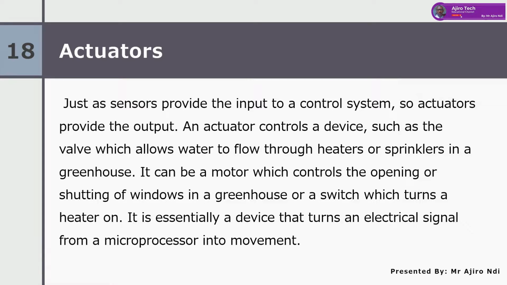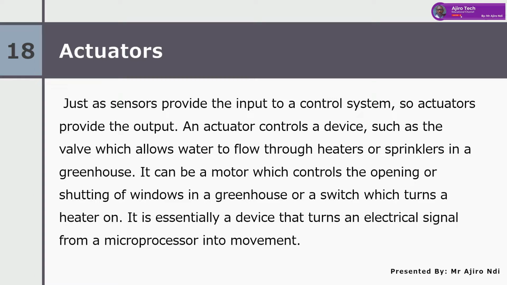Let's talk about actuators. Just as sensors provide the input to a control system, so actuators provide the output. An actuator controls a device, such as a valve, which allows water to flow through heaters or sprinklers in a greenhouse.